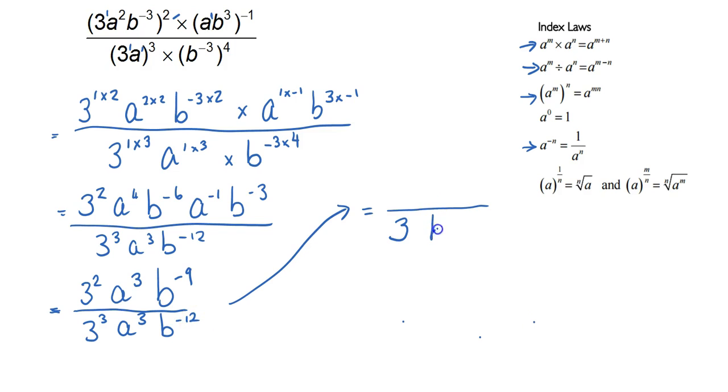When it drops below the line, the power turns from a negative to positive. Cross the line, change the sign. This B to the 12 down here, I'm crossing the line from the bottom to the top, cross the line, change the sign. And then I can cancel as normal. So B's on the top and the bottom. I've got more B's on the top. How many more? I've got 3 more.